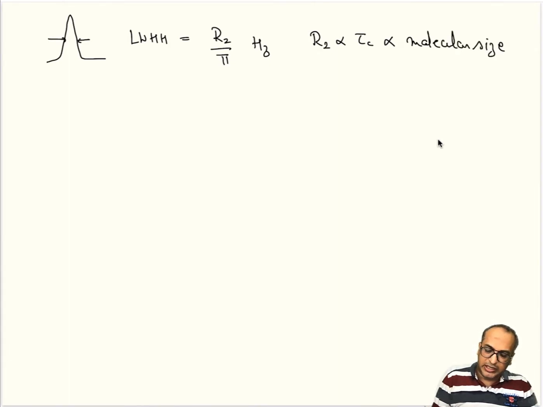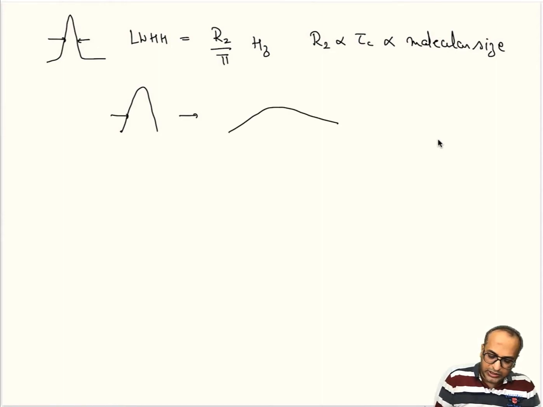So if the size increases, then the line width R2 will increase, and the line will actually go from this shape to this shape.